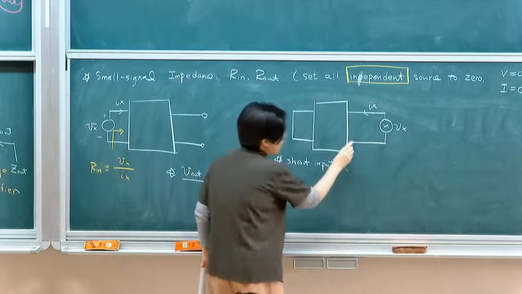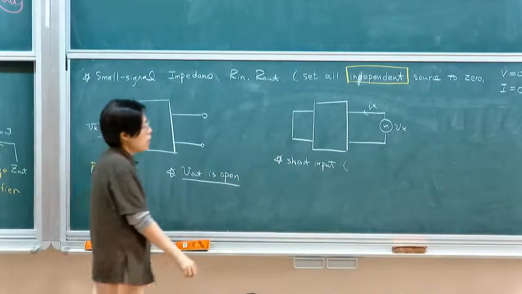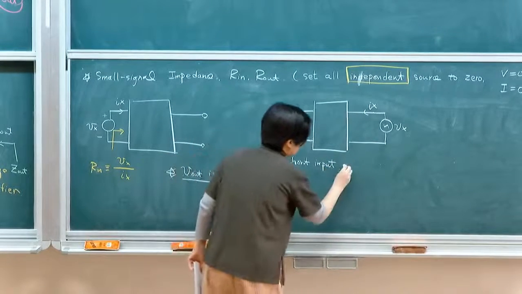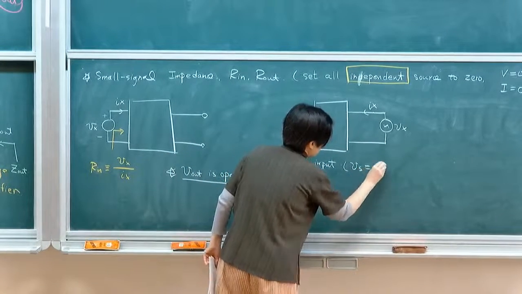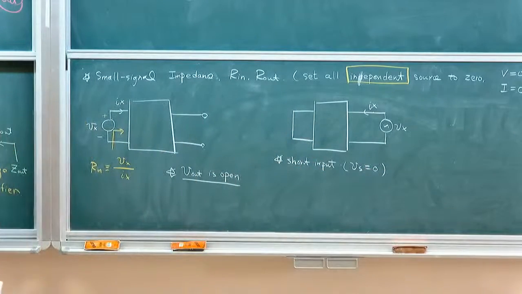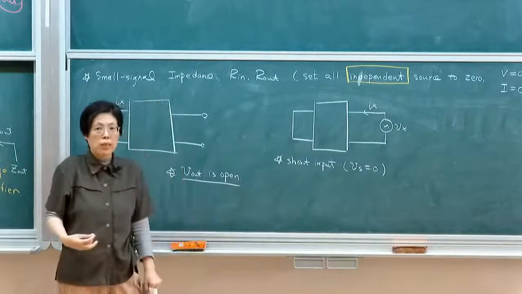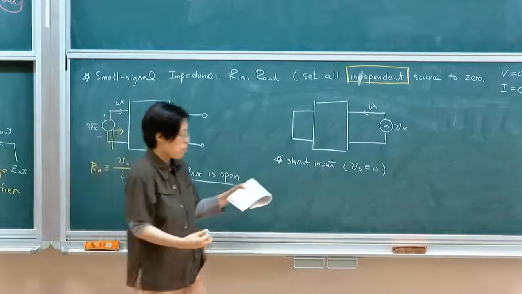That means you set your independent sources, Vs, to 0 and look at the corresponding or equivalent voltage and current relationship.